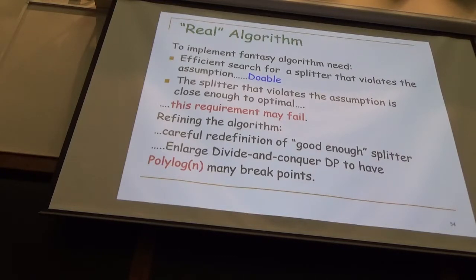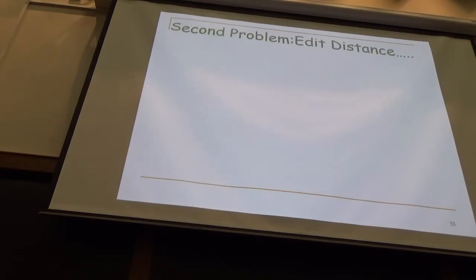Also, in the divide and conquer we divided the problem into 2 subproblems. Turns out, to get the computations to work, you have to divide it into polylog n many subproblems. So the algorithm is a bit of a mess, but it eventually works out. Okay, so that's all I was saying about this.